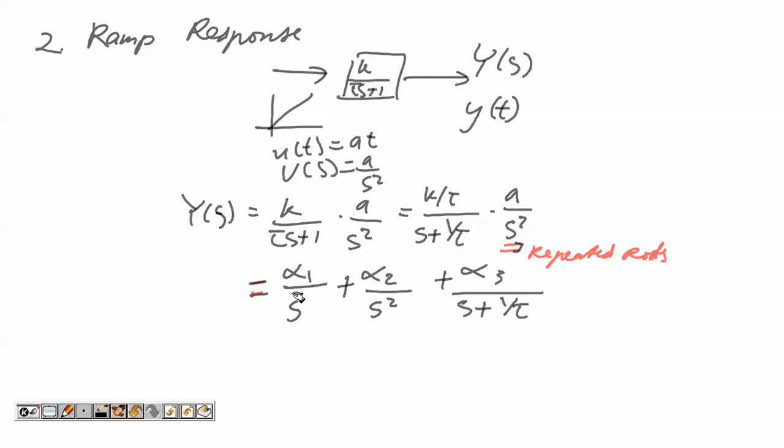I rearrange this form to make it easier to be solved by the Heaviside method that we have studied before. So alpha 1, alpha 2, alpha 3 can be determined by this method.